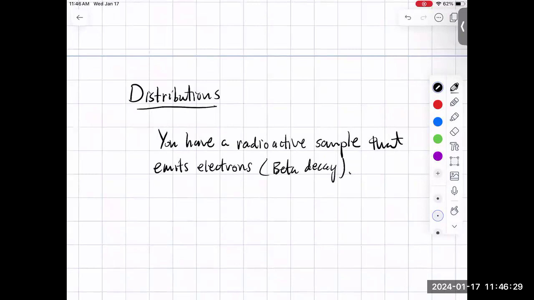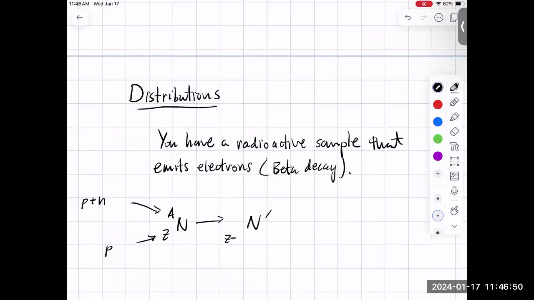Okay, so in this radioactive element, maybe this is element N. A is the number of protons and neutrons, the number of nucleons, and Z is the number of protons. And what this element does is it becomes some new element, N prime.